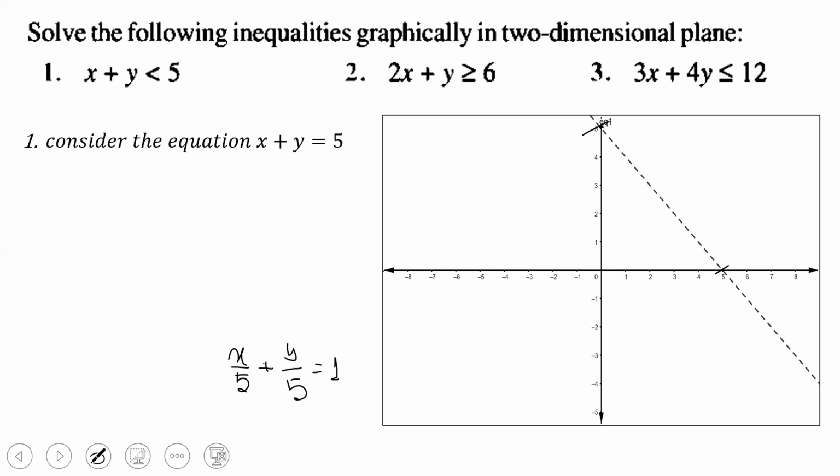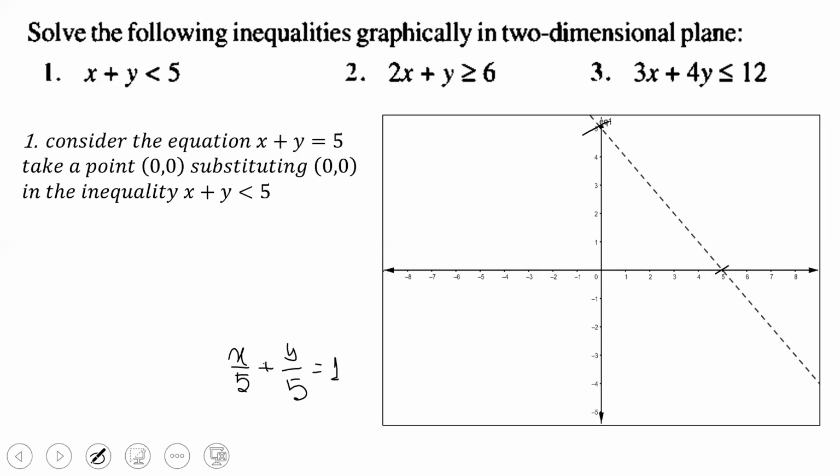Now if we choose the point 0, 0, that is the origin, and substitute this point in the given inequality, x plus y less than 5, what will you find? Putting x equals 0 and y equals 0, 0 is less than 5. Now is it true or false? Definitely 0 is less than 5.